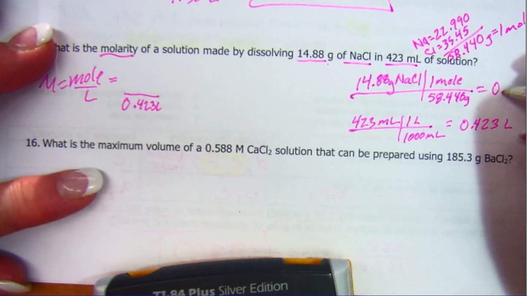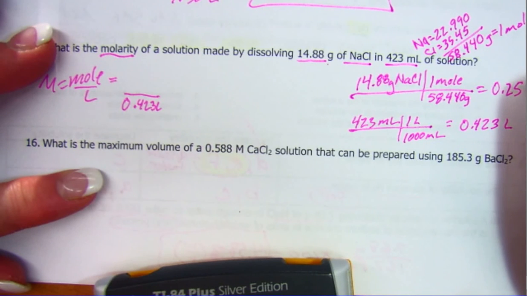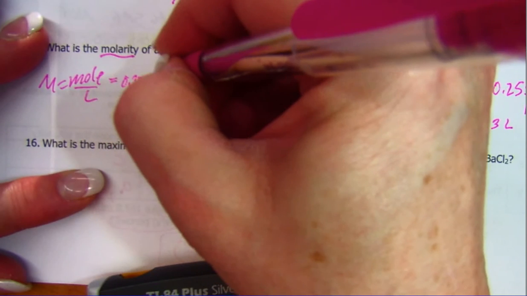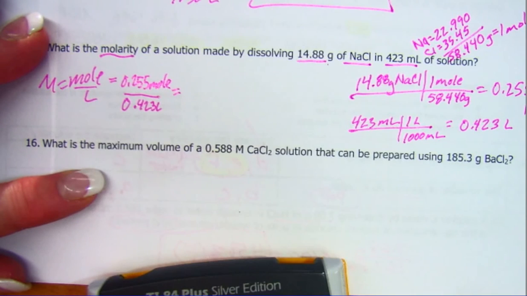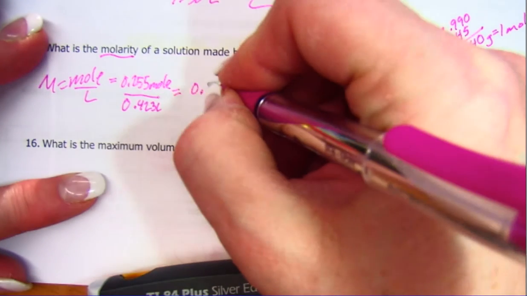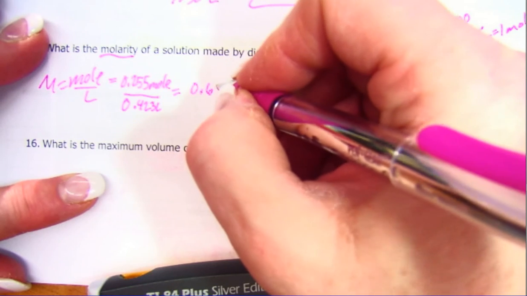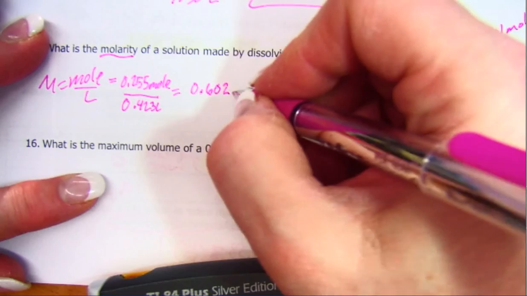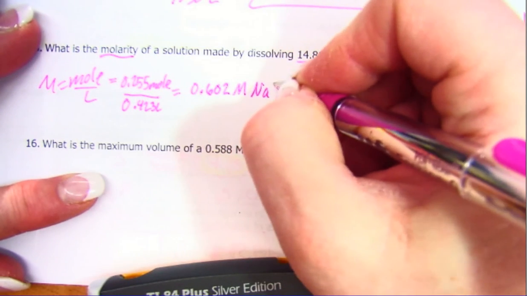And we get 0.255 moles of NaCl. Put that over here, 0.255 moles, and divide it by the 0.423, and we get 0.602, and that would be capital M NaCl.